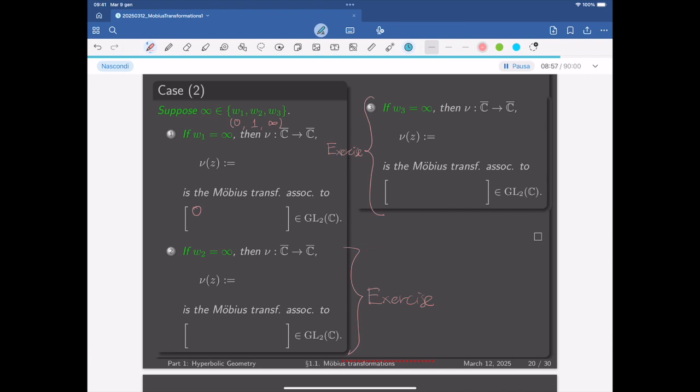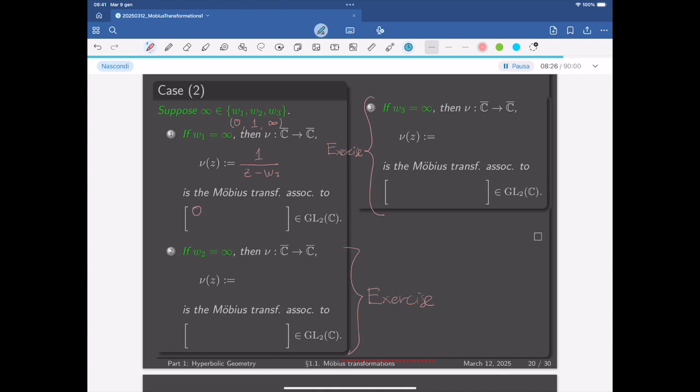Now, I want to send W3 to infinity, so Z minus W3. And I want to send W2 to 1. I know that Z has to go with a 0 here, because I know that there is a 0 here. So what does this do?